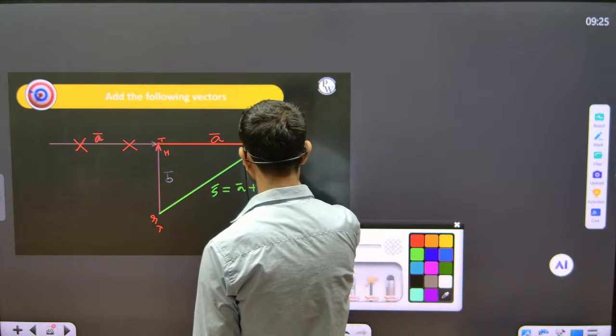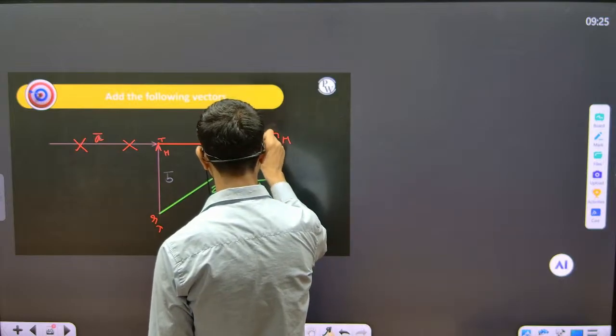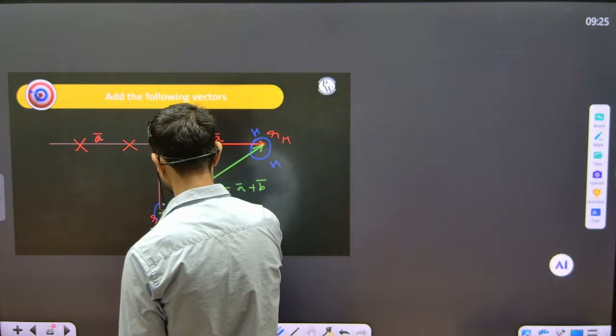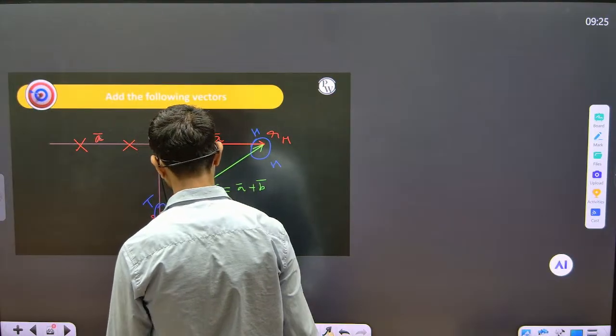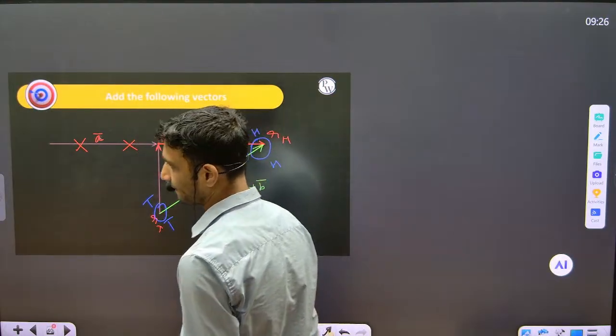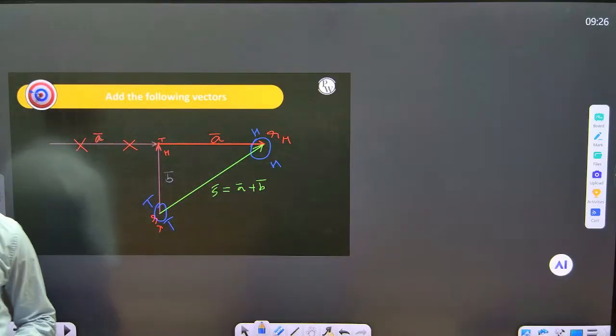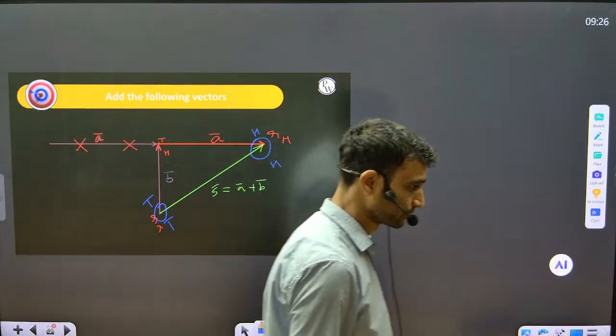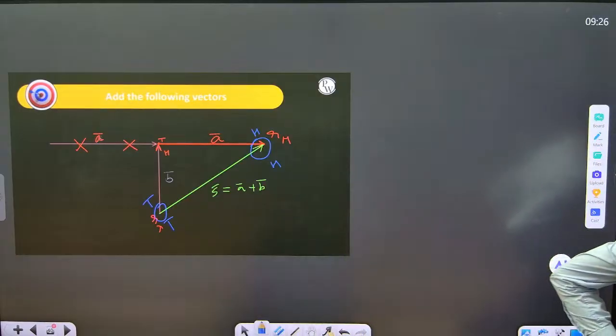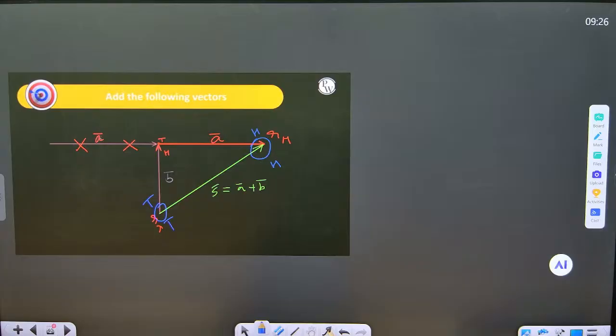You can see that head and head is here, and tail is here, right? So this is the sum vector. Got it? Check it out and draw it properly in your notes so that later on you can refer and understand it well.